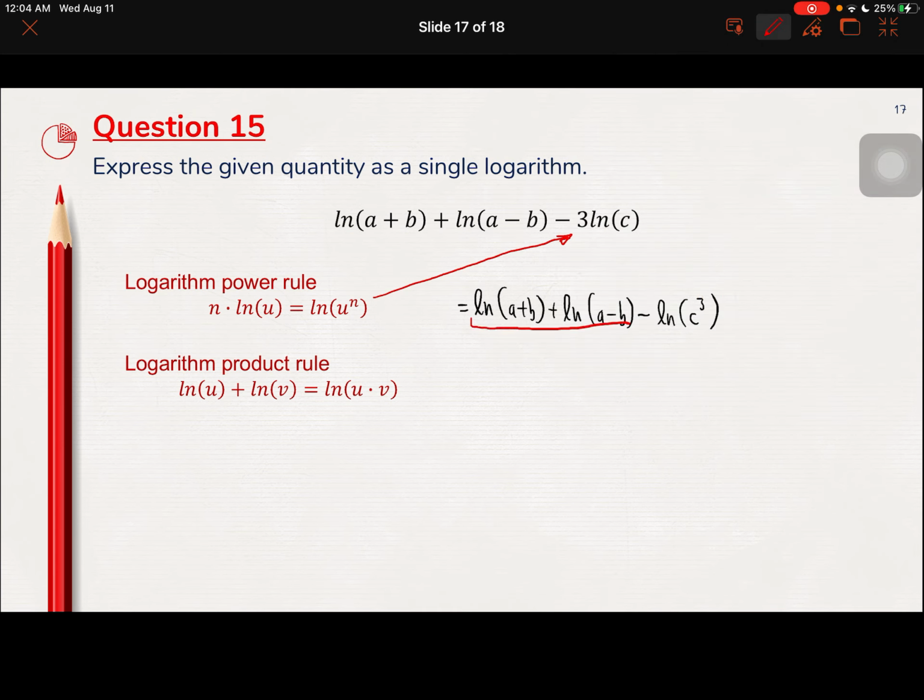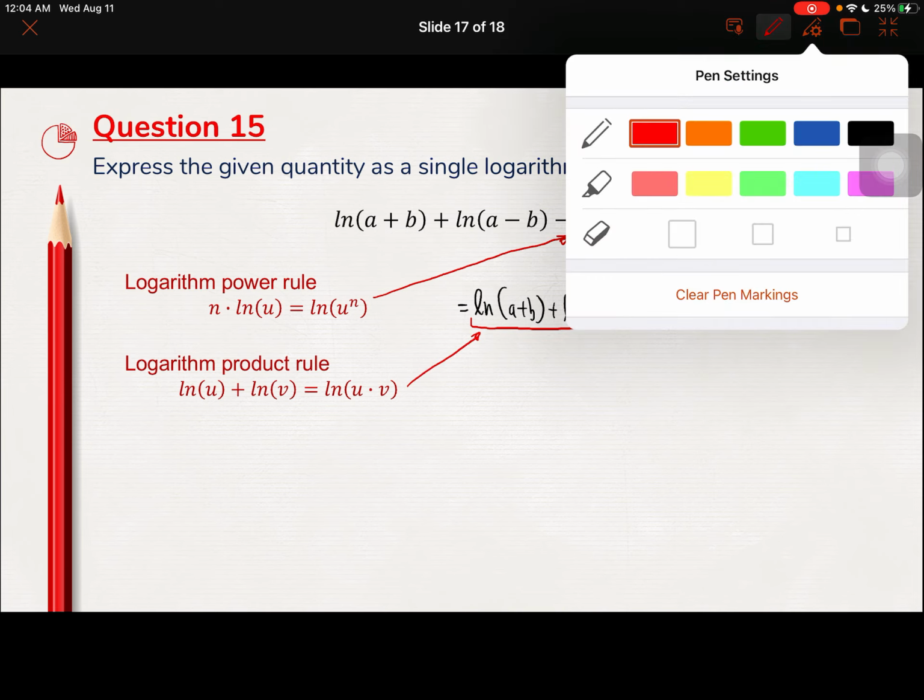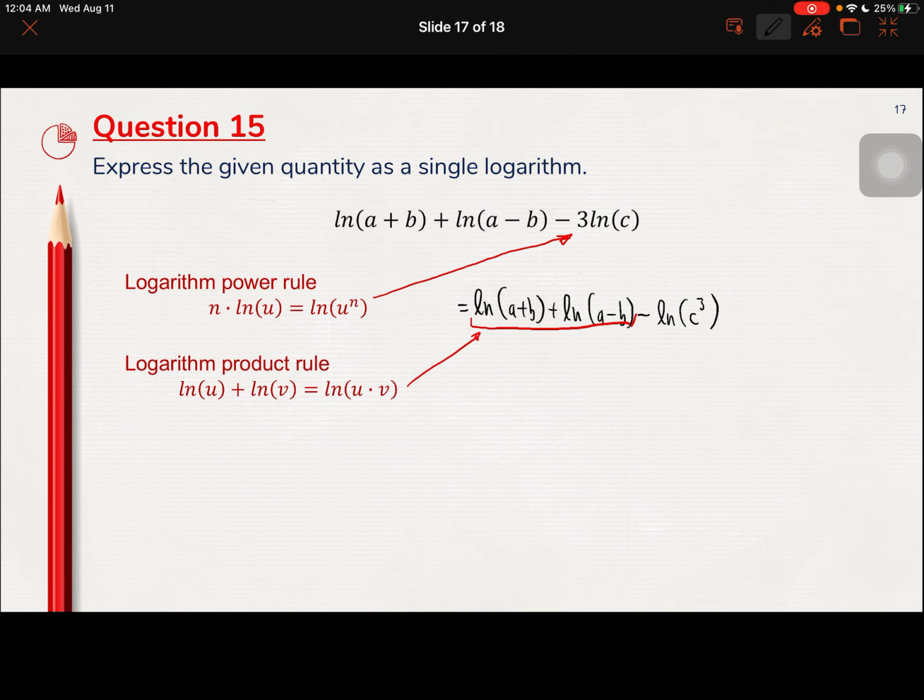I'm going to apply that here. So this is going to be the logarithm of a plus b times a minus b, and then minus the logarithm of c to the third power.